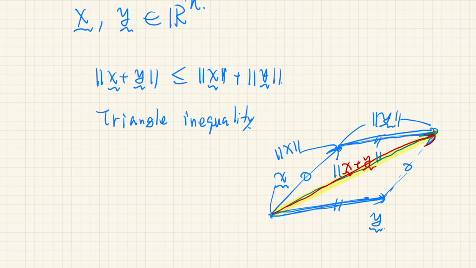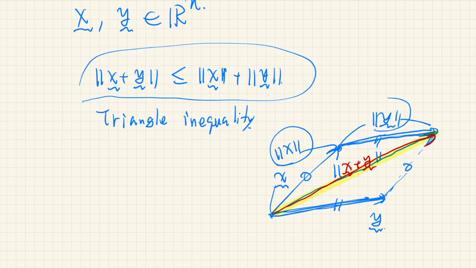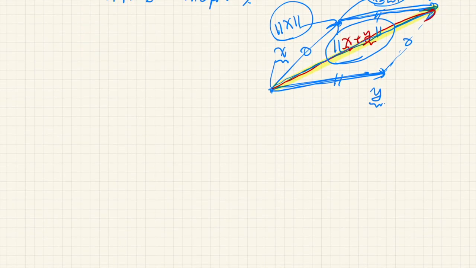So this inequality means the sum of this and this is always greater than or equal to this length. So this holds for any triangle. Thus, this is called the triangle inequality. And this is actually quite easy to prove.